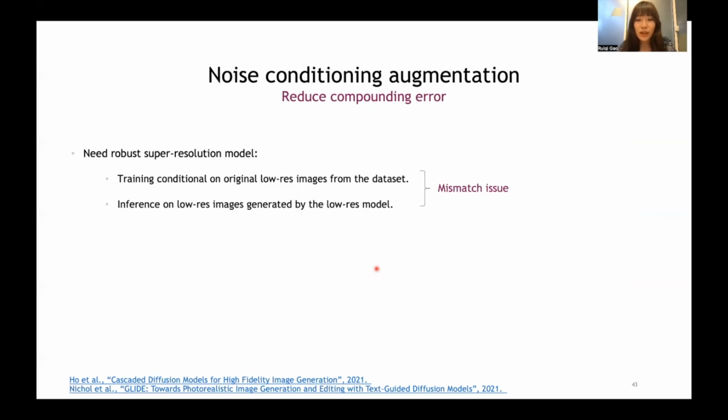However, during sampling, the conditions we feed to those super resolution models are actually generated samples from the low resolution models. So if there are certain artifacts in the samples from the low resolution models, those artifacts or inaccurate samples will affect the sample quality of the super resolution models as well, because of this mismatch between the conditions in training and the conditions in inference.